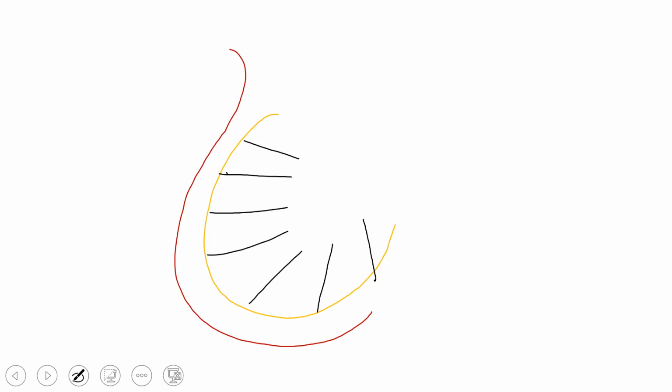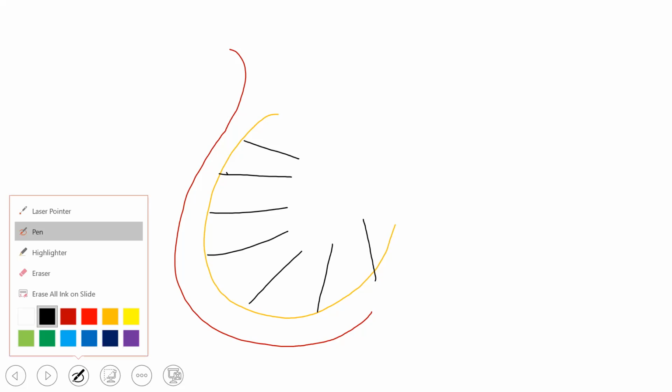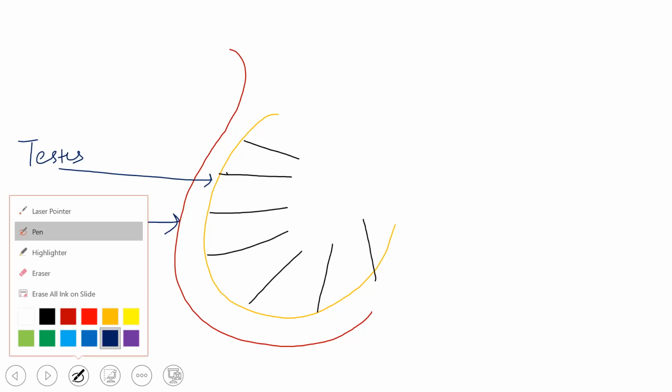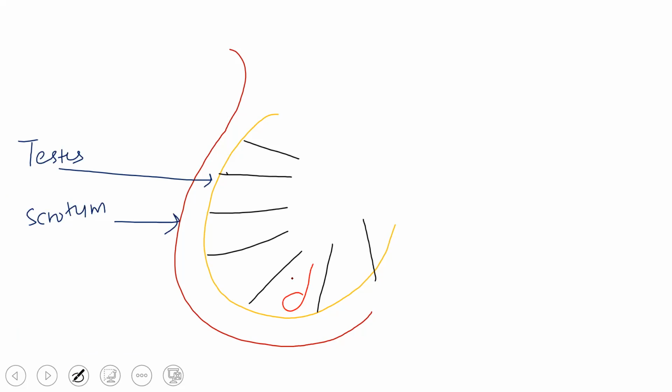This is your scrotum. This is your testis. Now in this, seminiferous tubules are present in this manner, because these are testicular lobules, as you can see.